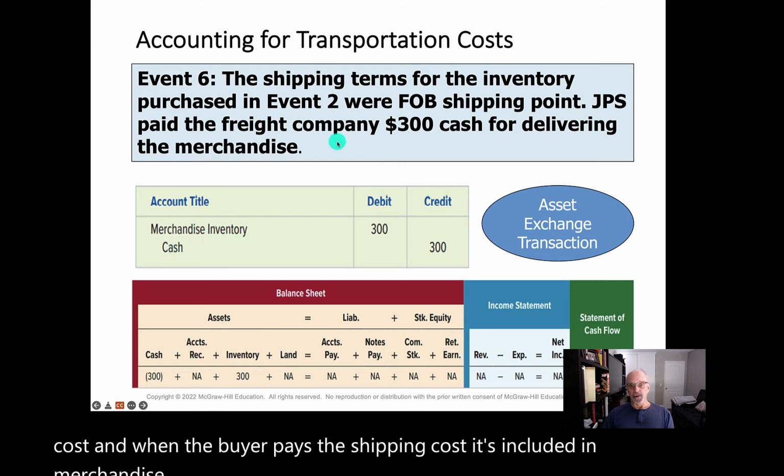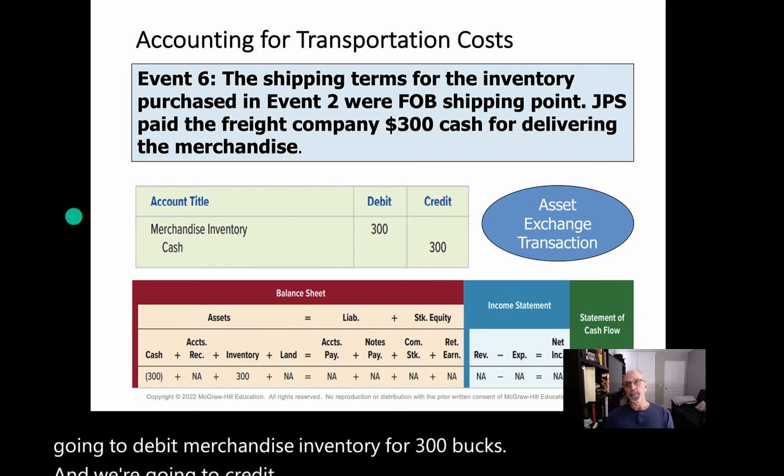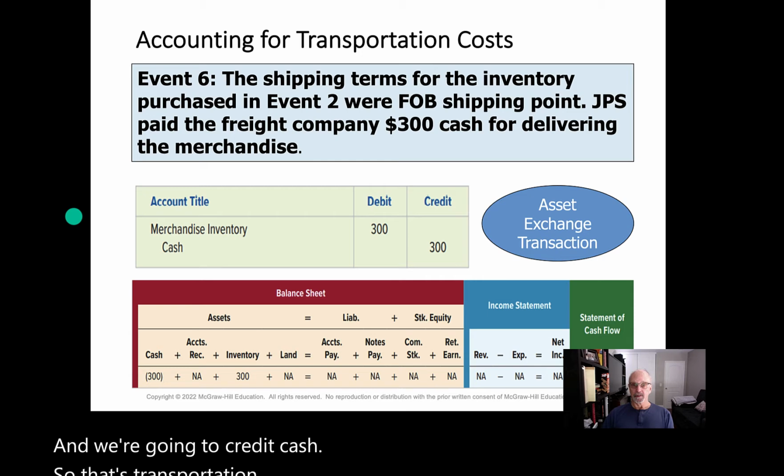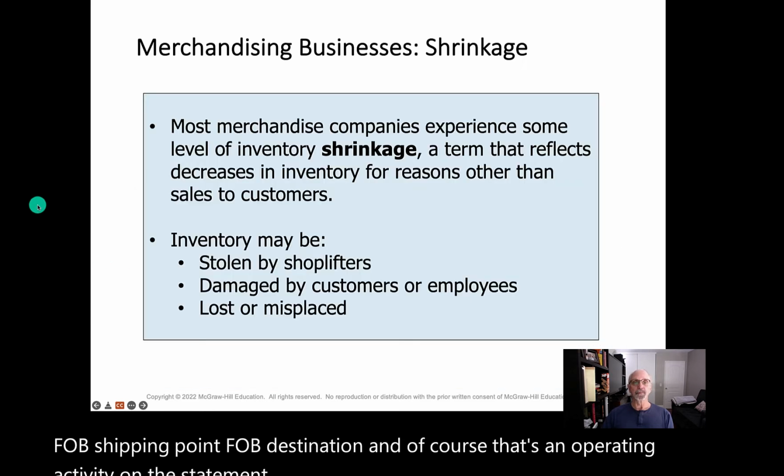So since JPS paid $300 for the delivery, we're going to debit merchandise inventory for $300 and we're going to credit cash. So that's transportation costs. FOB shipping point, FOB destination. And of course, that's an operating activity on the statement of cash flows.